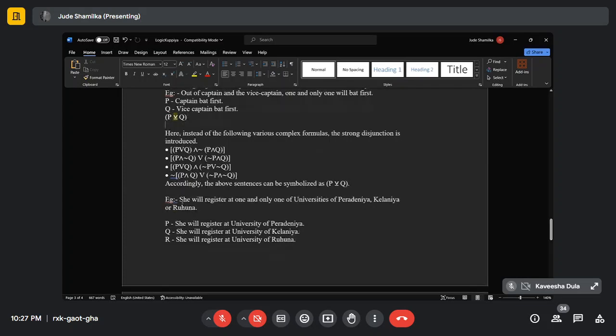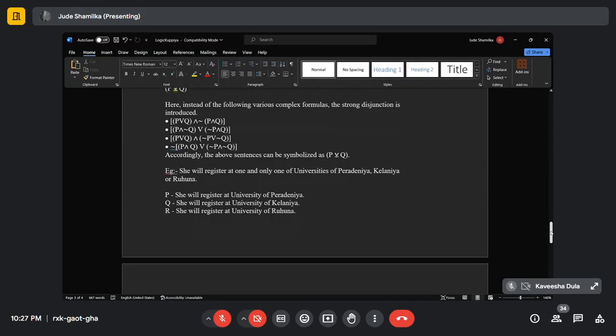So here, she will register at one and only one of the universities of Peradeniya, Kelaniya or Ruhuna. If we take this statement, we can break it into three propositions. What are they? She will register at the University of Peradeniya. She will register at the University of Kelaniya. She will register at the University of Ruhuna.